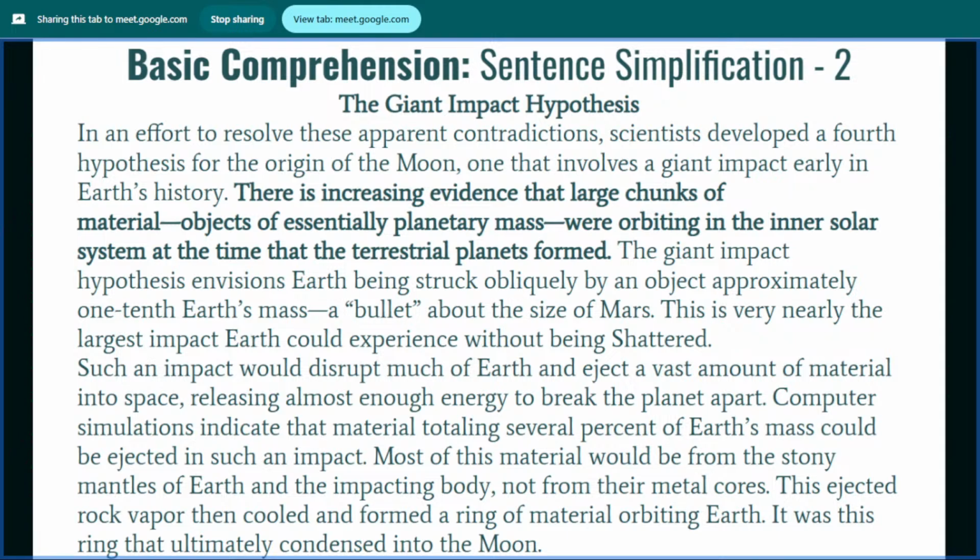This is increasingly evident that large chunks of material were orbiting in the solar system at the time that the spaceship transformed.